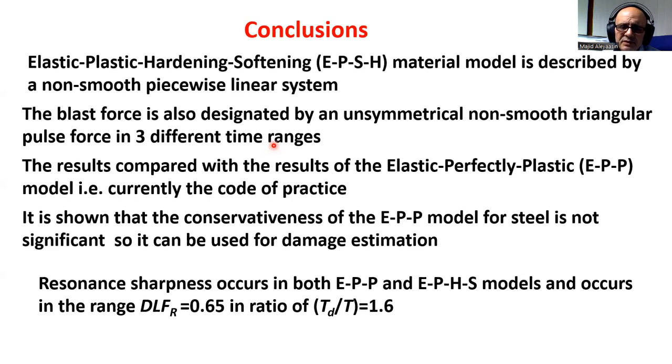So that is a three-range material, it becomes 9 equations. The results are compared with elastic perfectly plastic, which is the current code of practice, and we want to examine if this current code of practice is justifiable or not. It is not justifiable if the conservativeness is significant.